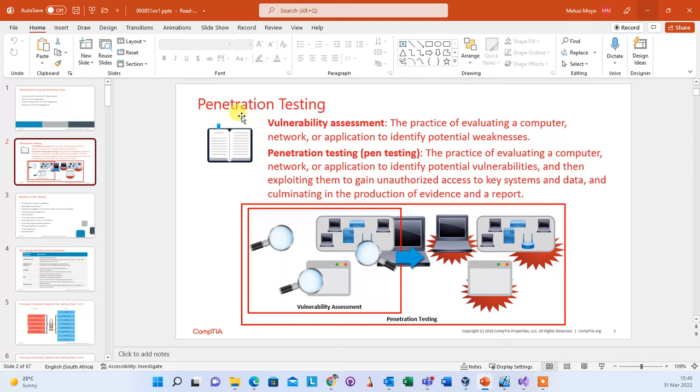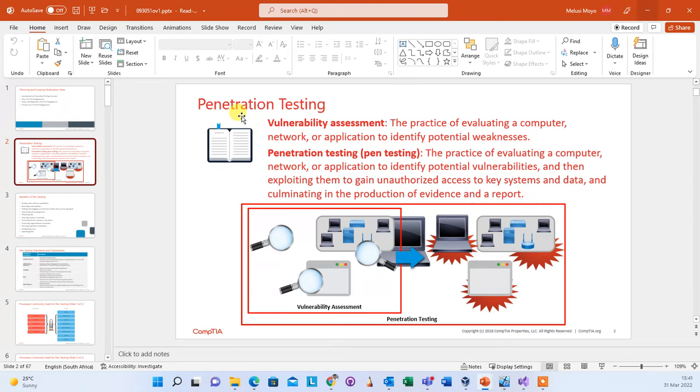So vulnerability assessment is all about evaluating a computer system, a network, or an application to identify potential weaknesses. And when it comes to penetration testing, or pen testing, we start with the process of vulnerability assessment, because we need to find a loophole, we need to find a vulnerability within a system, and then we take action after that, right? This is the part where penetration testing comes in.